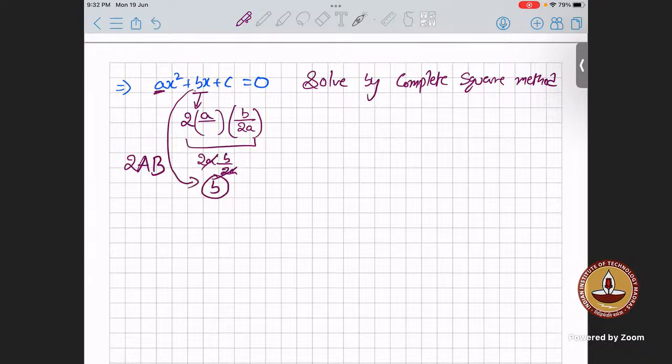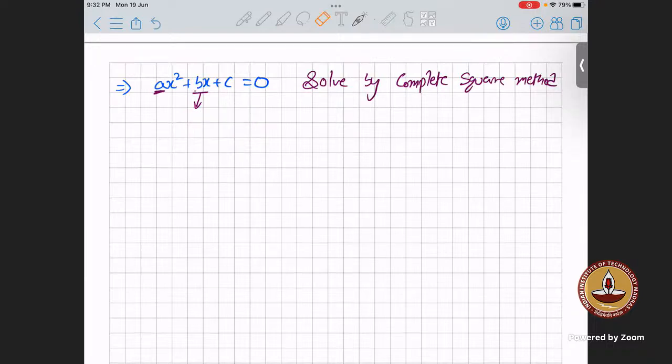Look, what you know is that this small b must be equal to 2 into capital A into B. 2 into small a, we don't know B, because we know small a because it is a.